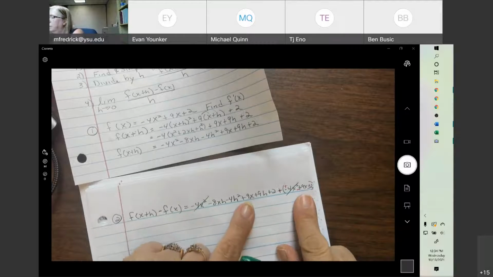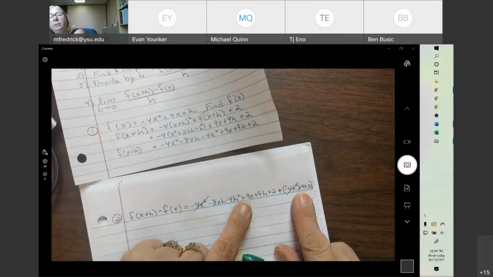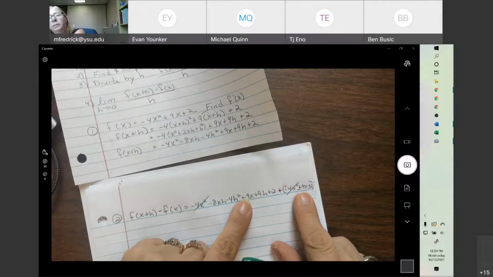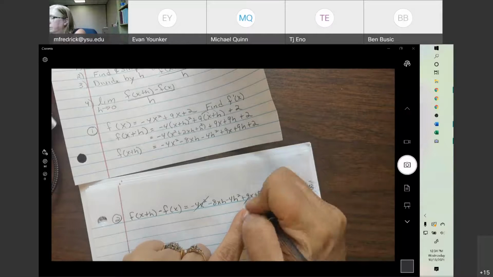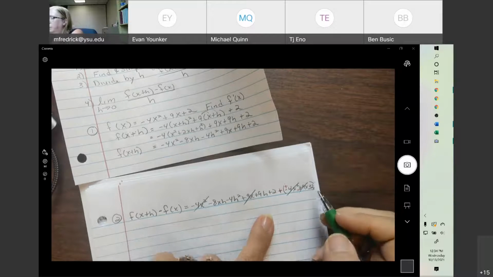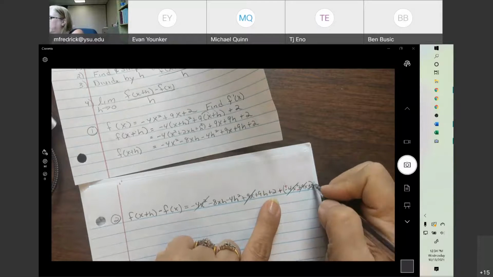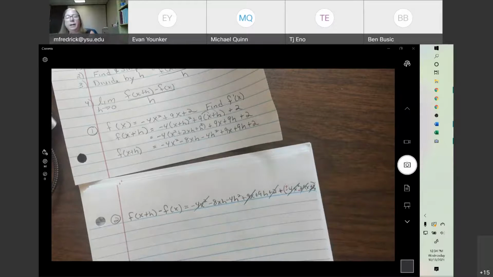This 9x is now negative, and it cancels with this positive one. Same thing with the 2's, positive 2, negative 2. Anything that's left should have an h in it, or you did something wrong.